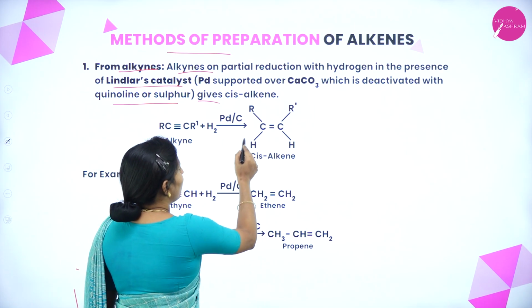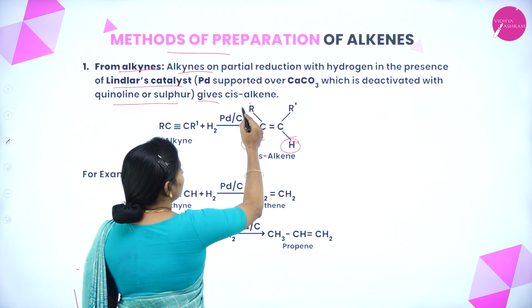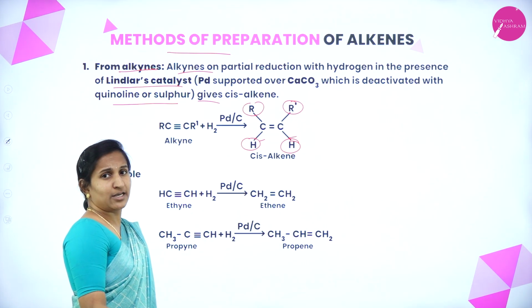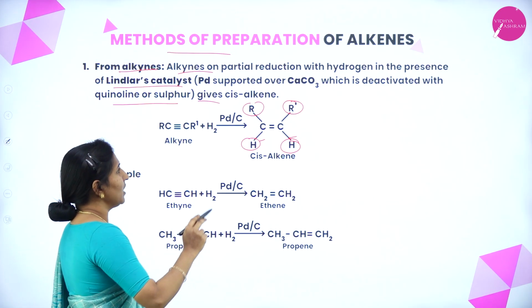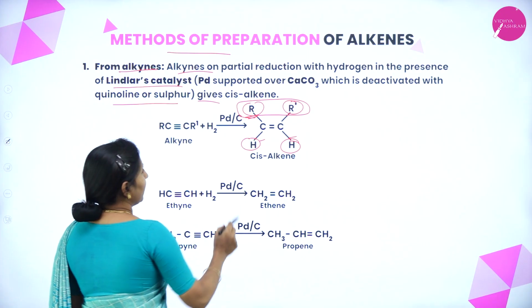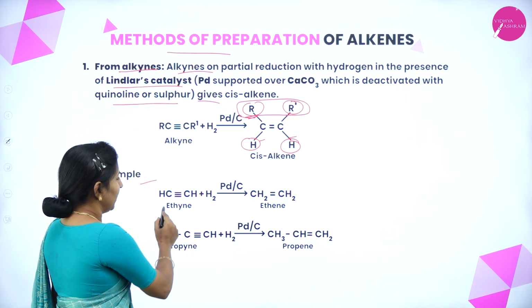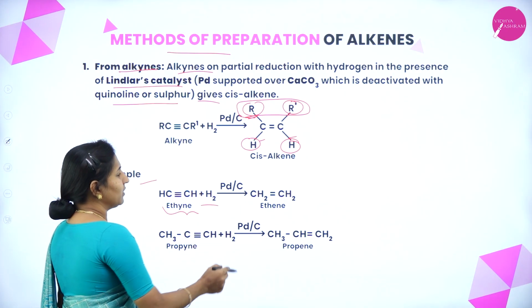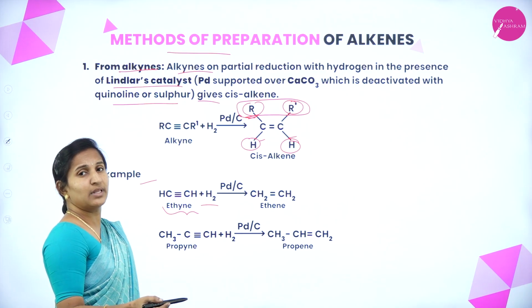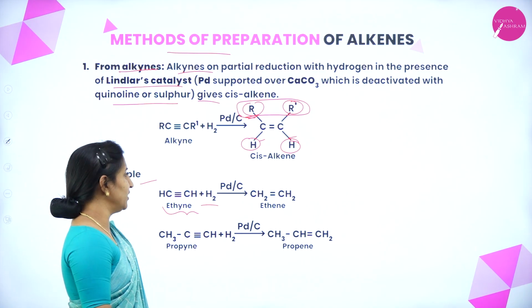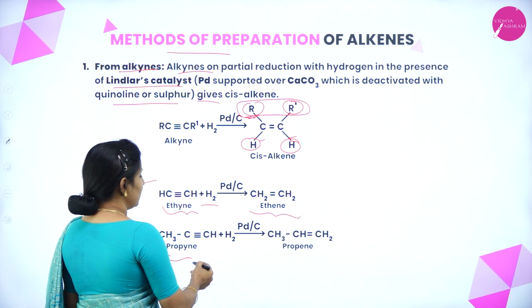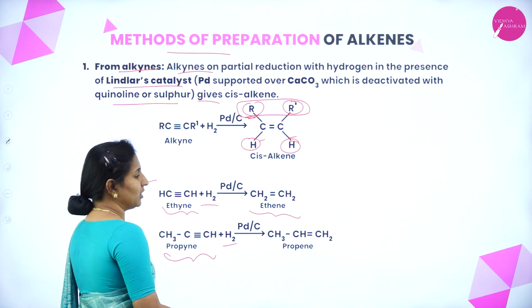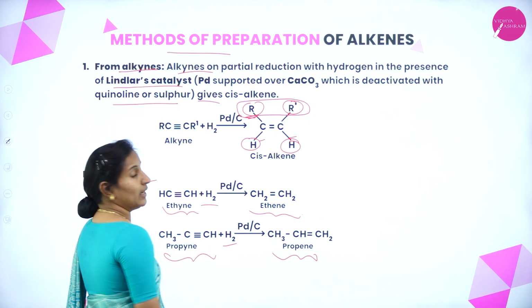Cis means both the hydrogens or both groups of atoms on the different carbons lie on the same plane. Example: ethyne reduced with hydrogen in the presence of palladium catalyst gives ethene. Propyne on reduction gives propene.